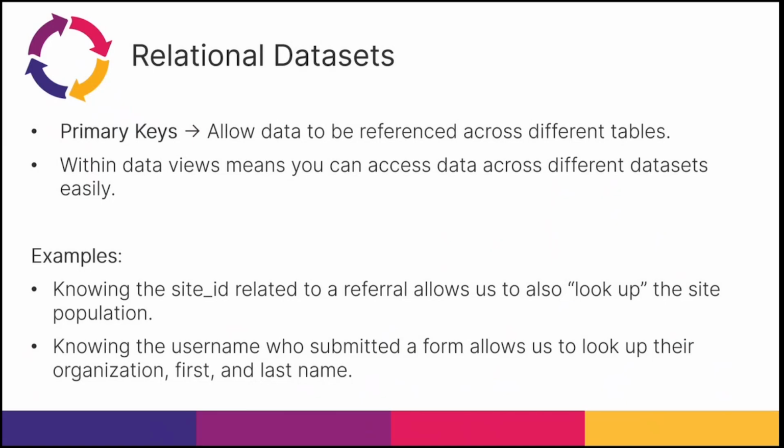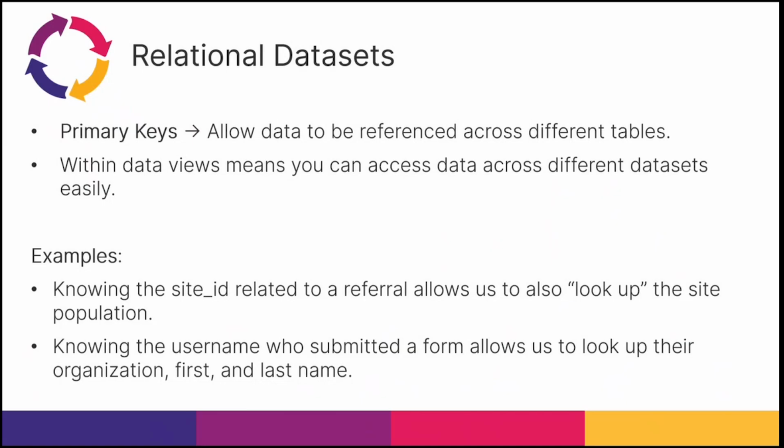So if you think about how you submit an ODK form in our platform, you always have to say what site that's part of. And because we know your user ID, and we know the case ID, we know which site that case is associated with, and because we know what region that site is associated with, that allows us to reference any of the data associated with those respective tables in your data view feature.